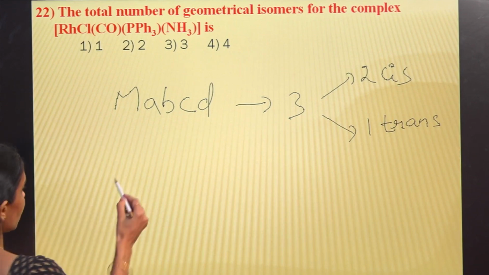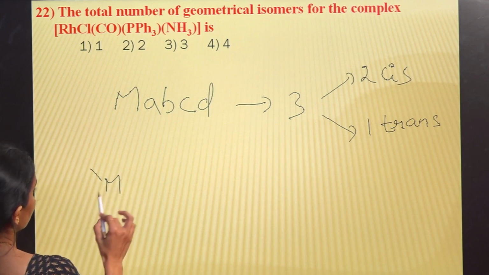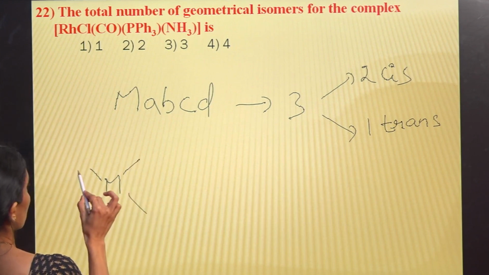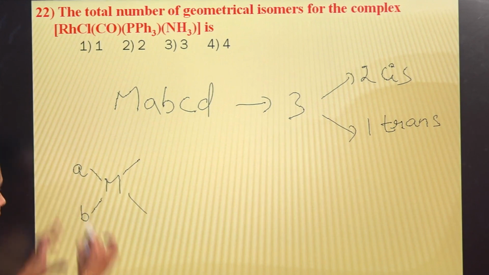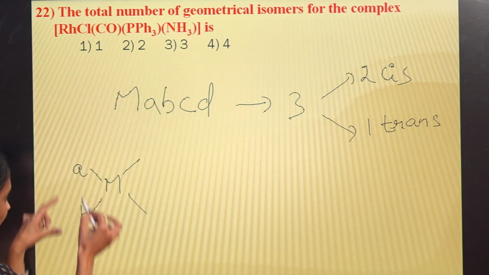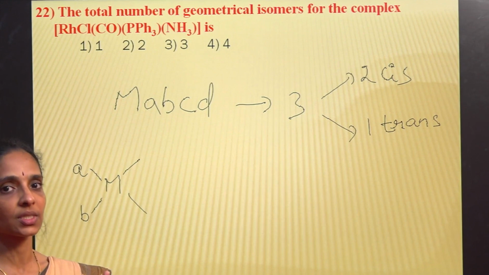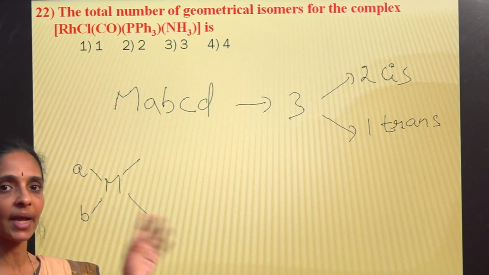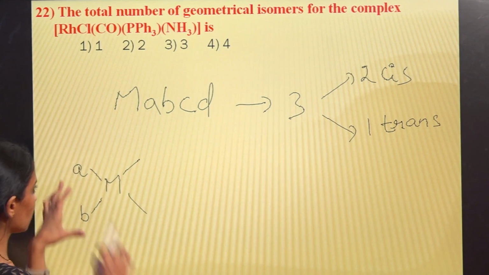Let us see. At the center, there is a metal M. I'll write the ligands A and B here, okay? And I'll make an assumption that A and B ligands are almost similar to each other. Of course, they are not exactly the same, but almost similar.